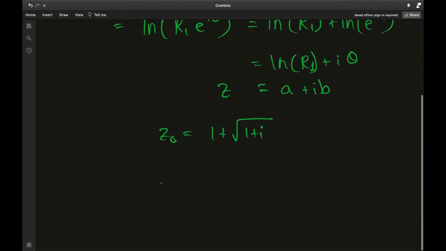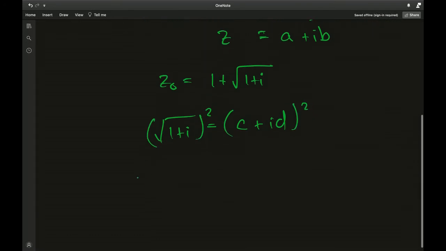We can express square root of 1 plus i as some c plus id, square both sides, and we'll have c squared minus d squared plus 2cdi is equal to 1 plus i.